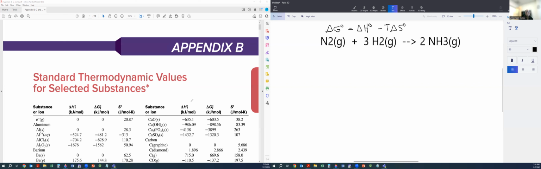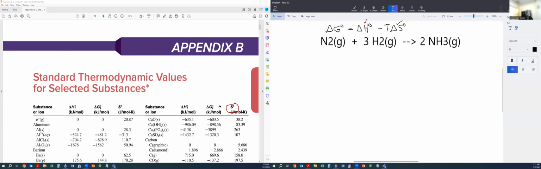We could calculate it by getting the delta H values and the entropy values, and then calculating delta H and delta S, assuming we know the temperature we're running the reaction at. Or we can just straight look up the delta G values and calculate it that way. We're going to do it both ways here.